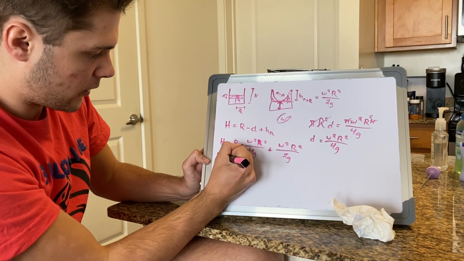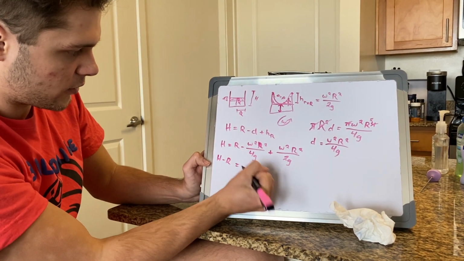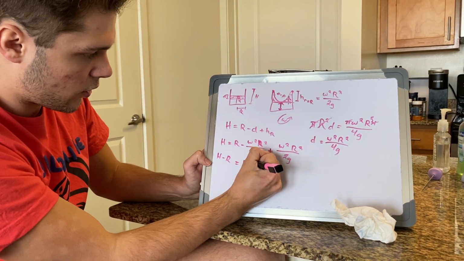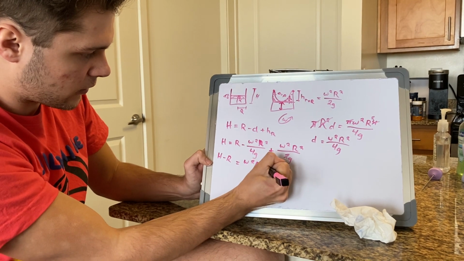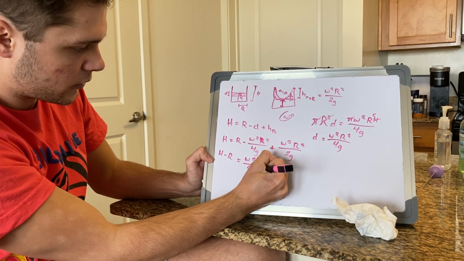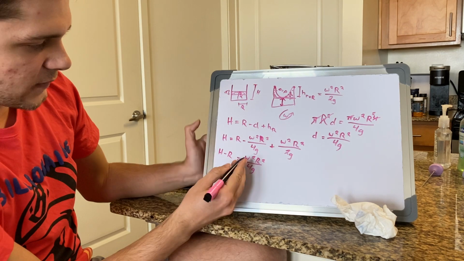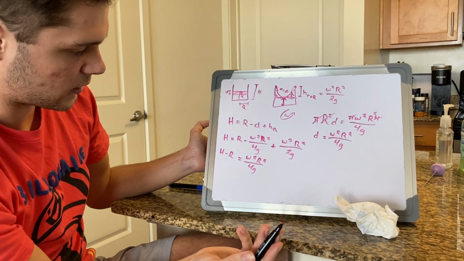Do R over, we get H minus R is going to be equal to omega squared R squared over 4g. And then we just have to solve for our angular velocity now.